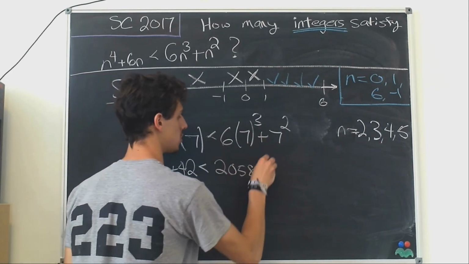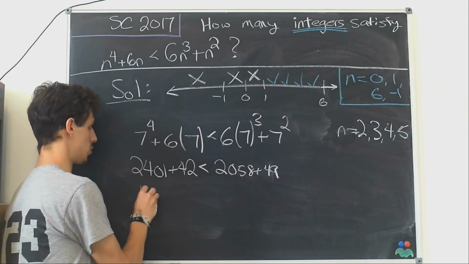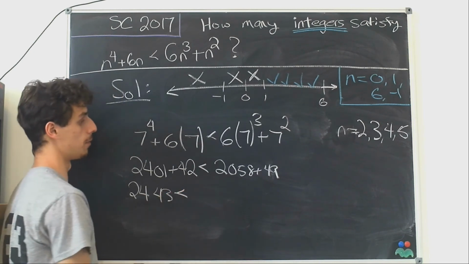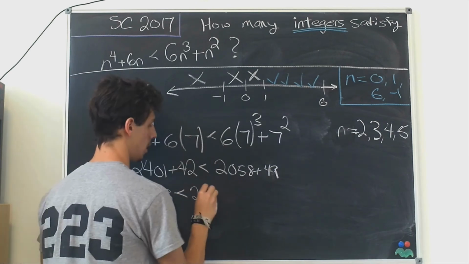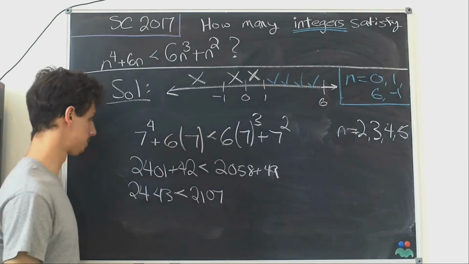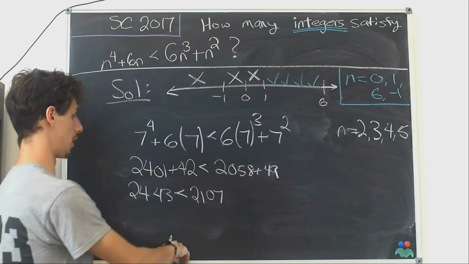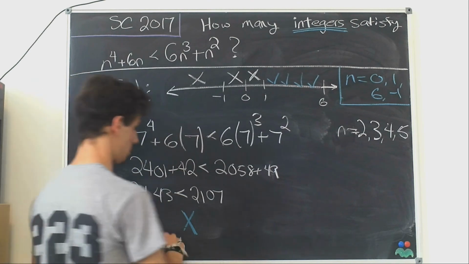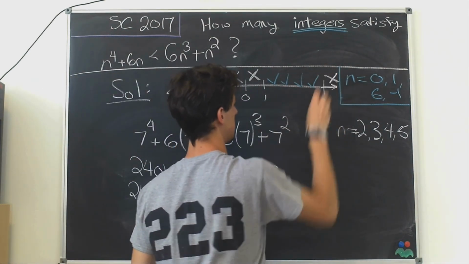And then 7 squared is 49. So this number here will be 2443. And the number on the right simplifies to 2107. But this number on the right is clearly smaller than this number on the left. So this inequality is not true, which means there are no solutions bigger than 6.